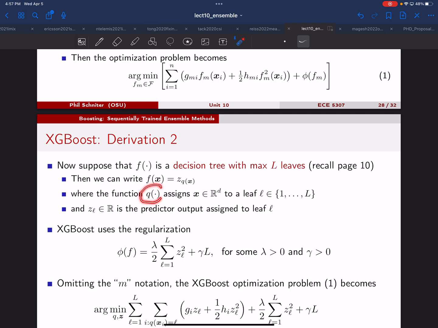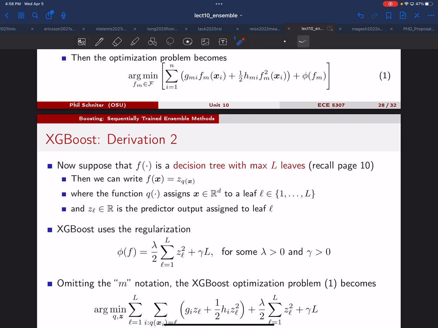So we're going to call Q the function that takes in a vector of features and outputs the leaf of the tree that we're on. So that's the lookup part of the table, and then the second stage is the table part. For that given leaf, you say, okay, which output will I give that leaf?